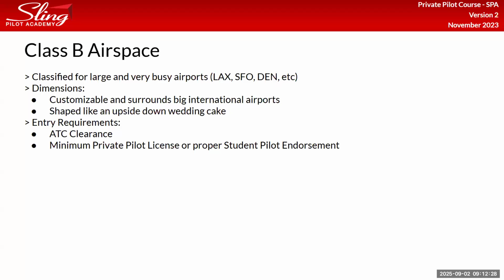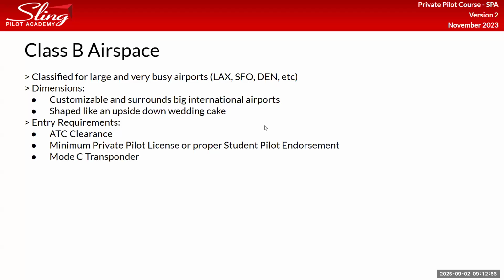We'll talk about this later, with a couple different ways that you can go through the Bravo without entering Bravo airspace, and you're on different communications and you're squawking a certain squawk code so they know that you're flying through this little hole in the Bravo. But otherwise, if you are asking to be cleared through the Bravo, you have to have a private pilot's license, or you have to be endorsed by your instructor as a student pilot, specifically to fly through the Bravo.